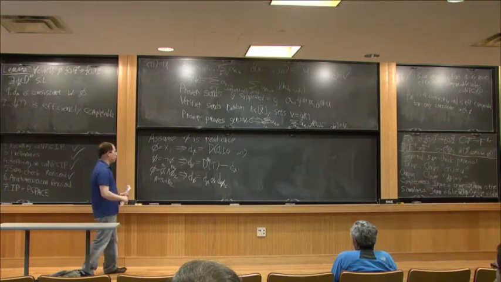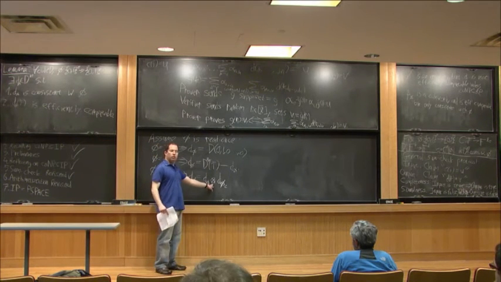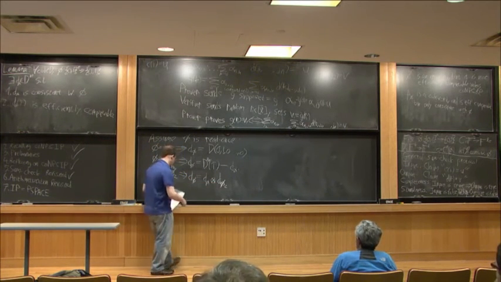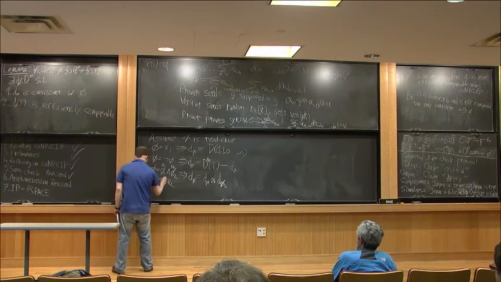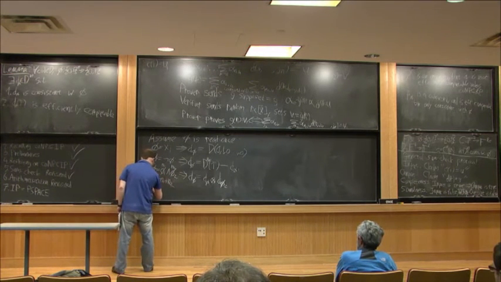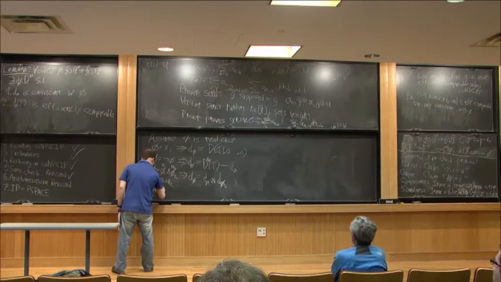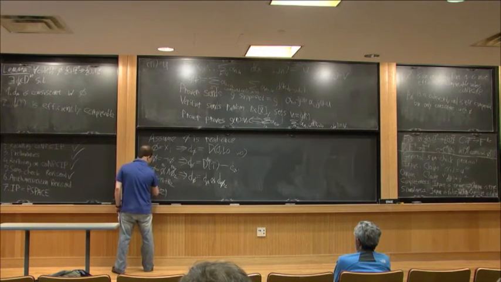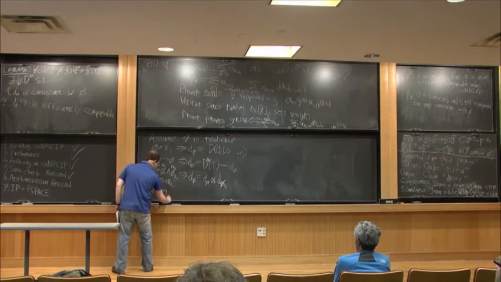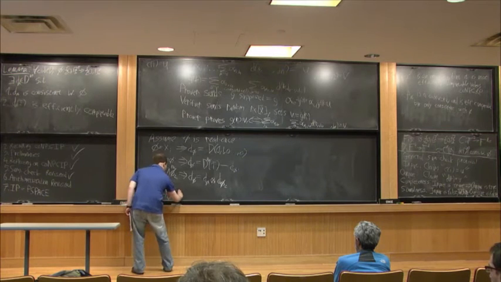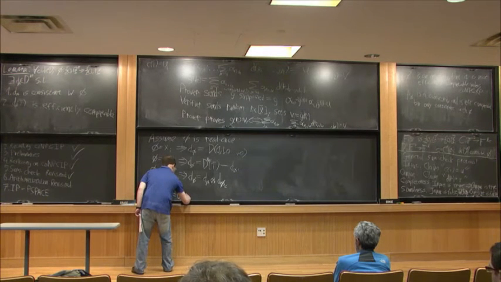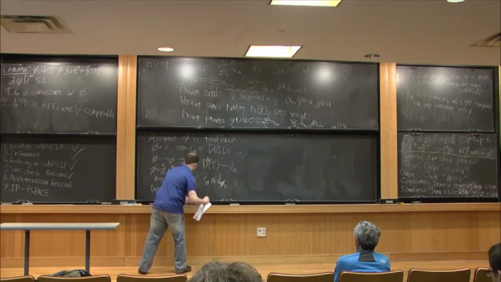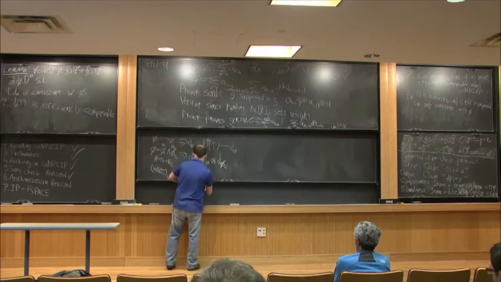So now let me remind. In general, the tensor product of two vectors, let's say W tensor product Z, is the matrix that in coordinate ij equals Wi times Zj.